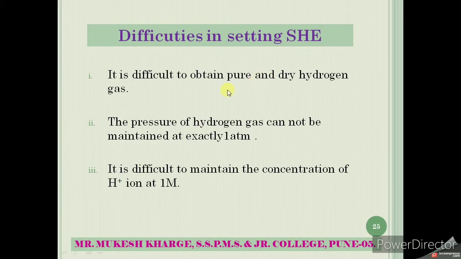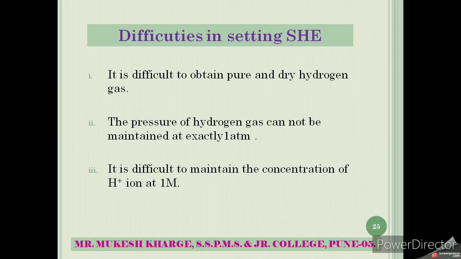Now next is, there are some difficulties in setting the hydrogen electrode, that is SHE. First is, it is difficult to obtain pure and dry hydrogen gas. You can't obtain pure and dry hydrogen gas very easily. The second is, the pressure of hydrogen gas cannot be maintained at exactly 1 atm throughout the measurement, because the hydrogen gas gets passed into that H plus ion solution, and third one is, it is difficult to maintain the hydrogen ion, that is H plus ion concentration at 1 molar in your electrolyte solution.